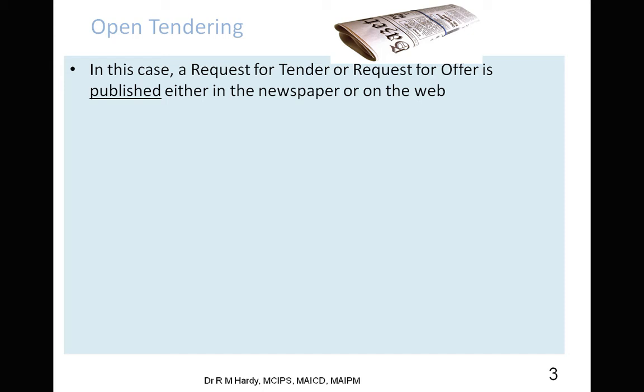Each state and territory government and the federal government has a tender portal. Things that they want prices for, they will put on that portal. People will then go there, get the information and choose which ones they want to go for. In the ACT, that's the actual portal there, so you can go and have a look at that.